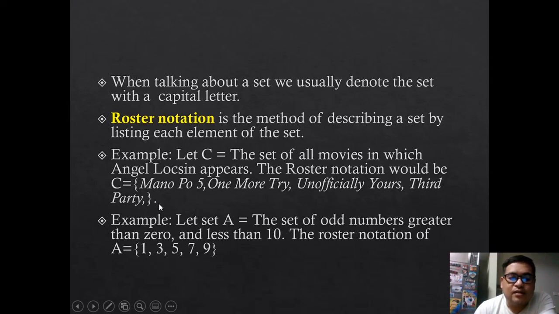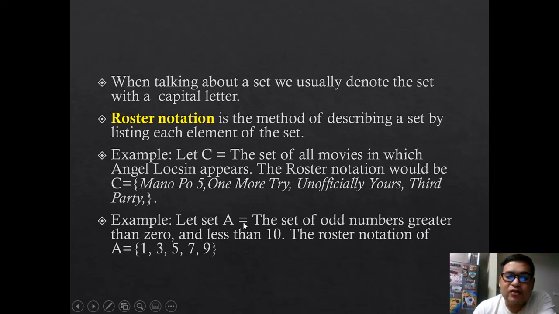Four lang. Example, let set A be the set of odd numbers greater than 0 and less than 10. What are the odd numbers less than 10 but greater than 0? So the roster notation of A will be 1, 3, 5, 7, 9.